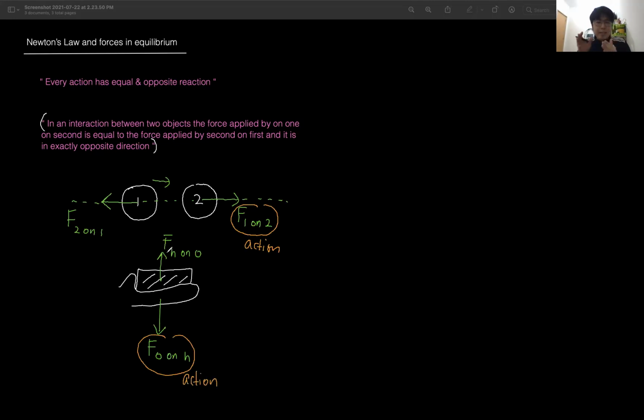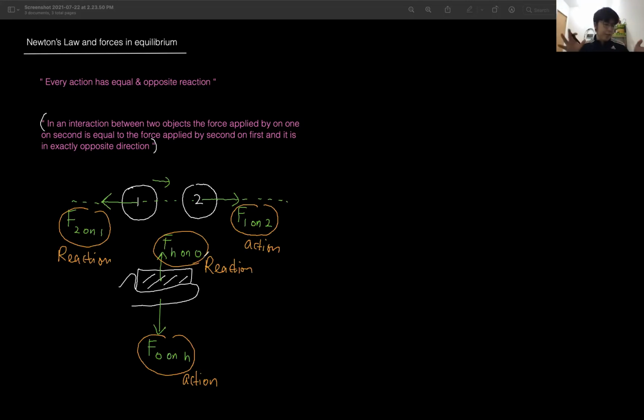Reaction is the result of how object number 2 reacts to the first force. This is my reaction force, R, and likewise this one. The force acting on my fist is the reaction force.